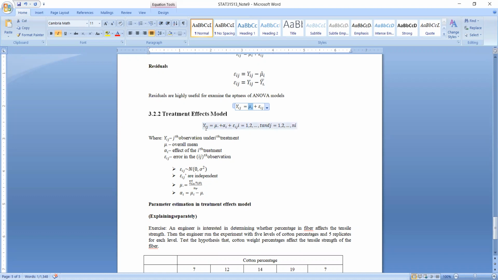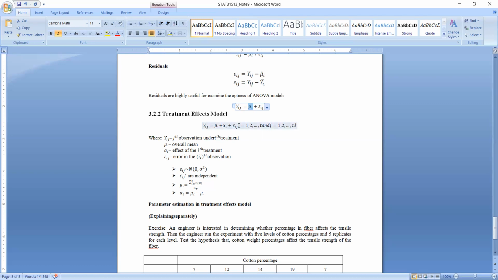So in that case, we can rewrite this model as Yij is equal to the overall mean, that is mu dot, plus alpha i, that is the effect of the ith treatment, plus the error term. So we know i is the treatment level.